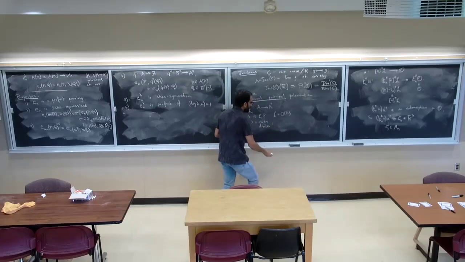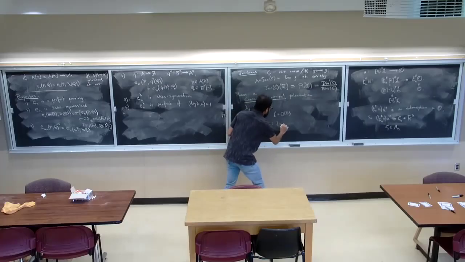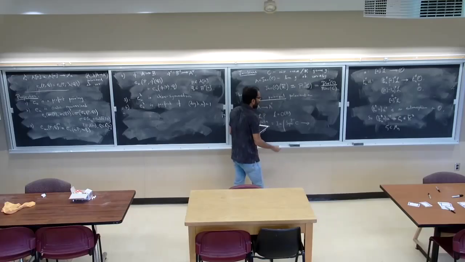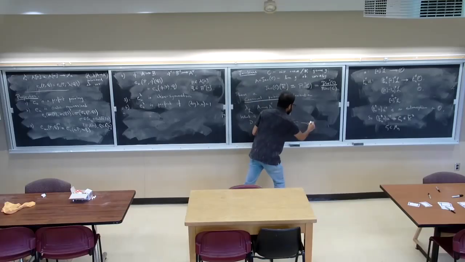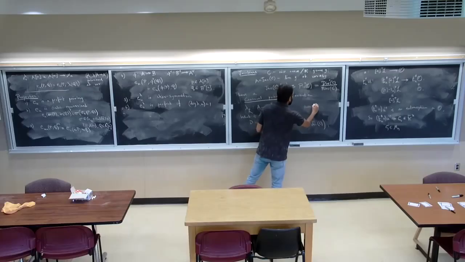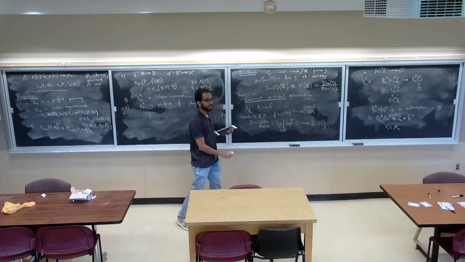So what is this? This is the image of a certain map. We can look at the g minus 1 symmetric power of C, and that has a map into the Jacobian. How do I define this? I'm going to define this completely by working over K bar. Over K bar, let's fix some point O on the curve.